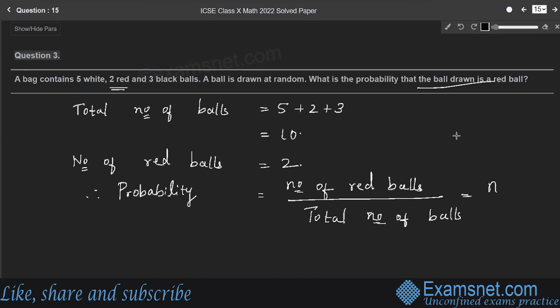Or in other words, n(E) divided by n(S), right? So which is nothing but 2 by 10, 1 by 5, is the probability that the ball drawn is a red ball, right?